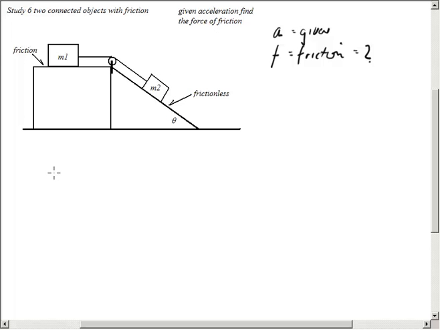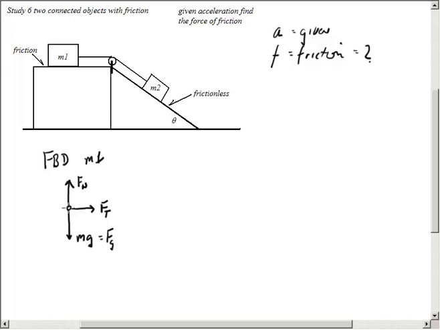Okay, so let's start with our free body diagram for mass 1. Alright, so we have normal force acting upward. We have the force of tension, label that Ft. We have the force of gravity on the object, mg, which we'll call F sub g.